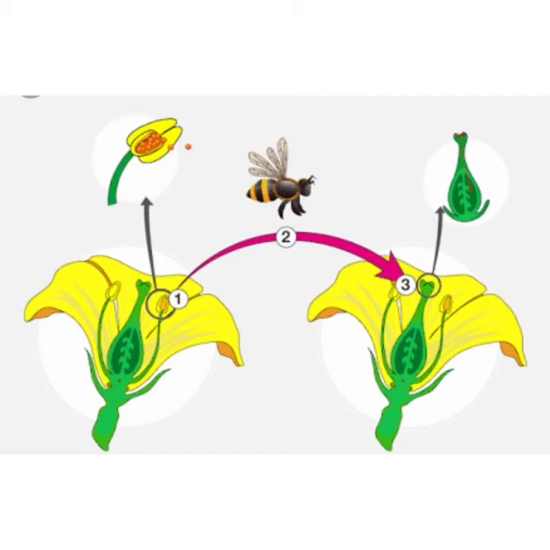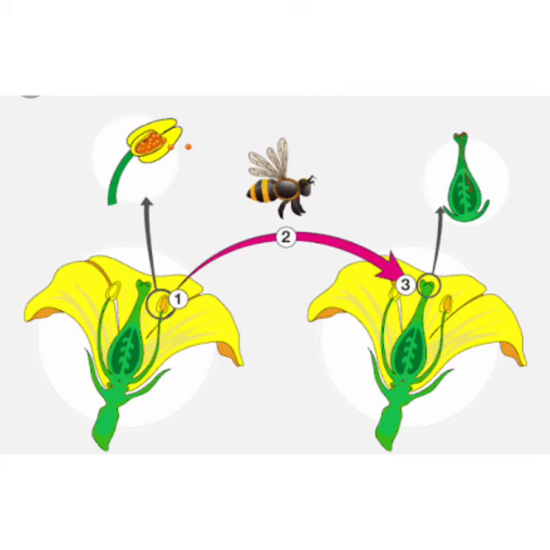They suck pollen grains, and they also suck in other flowers. In this, they take pollen grains from one place to another place. This is the main process of pollination. They are the main agents of pollination.